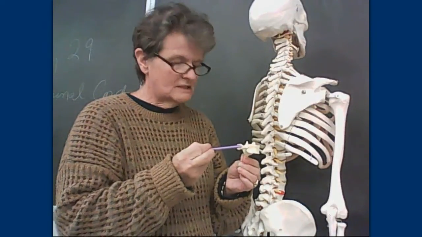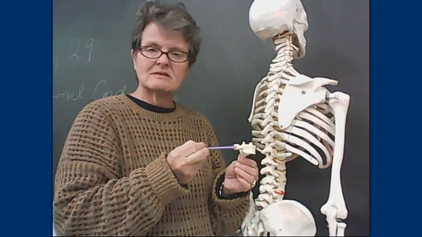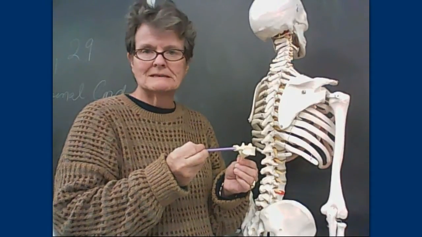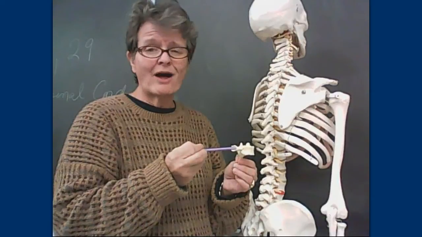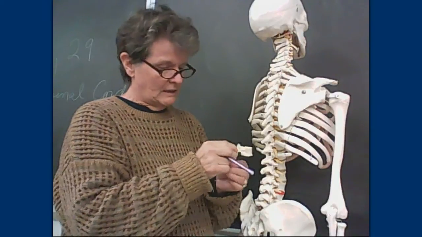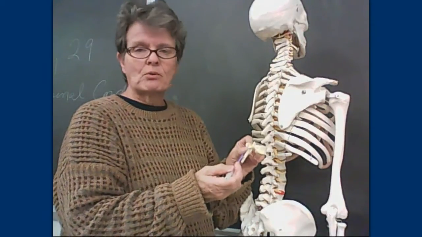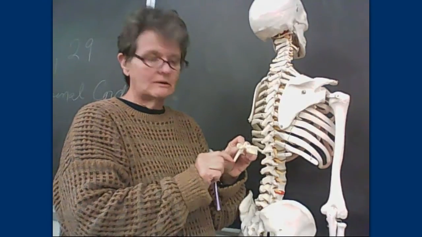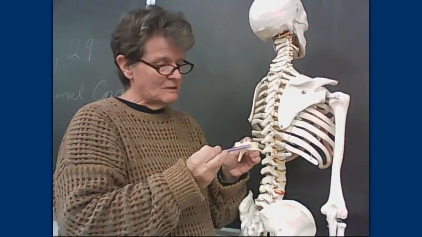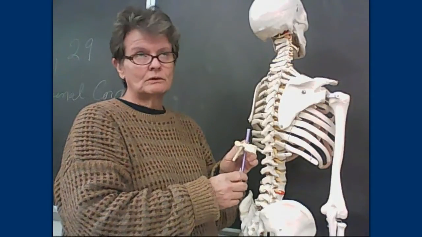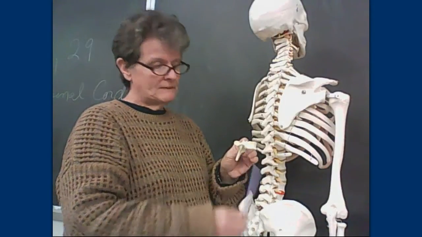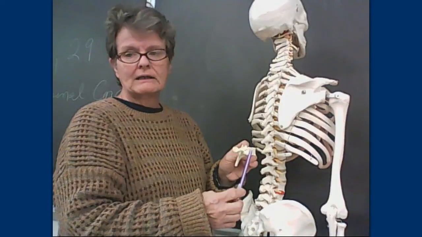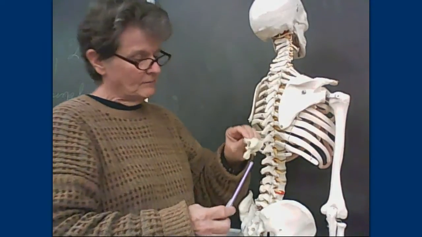If you'll notice, here's a transverse process, there's no transverse foramen. Okay, so this is not a cervical vertebrae. You have the spinous process that protrudes downward, it's long and pointed, and here's the body, vertebral foramen, and the body of the vertebrae.